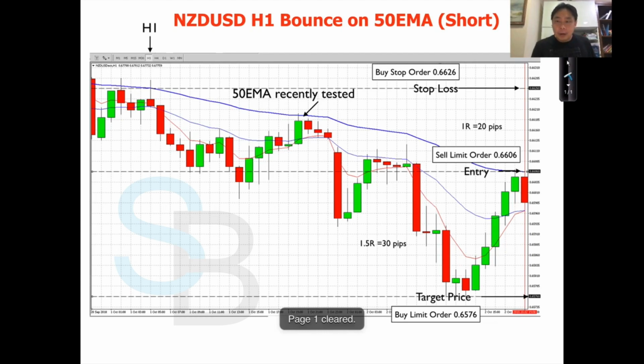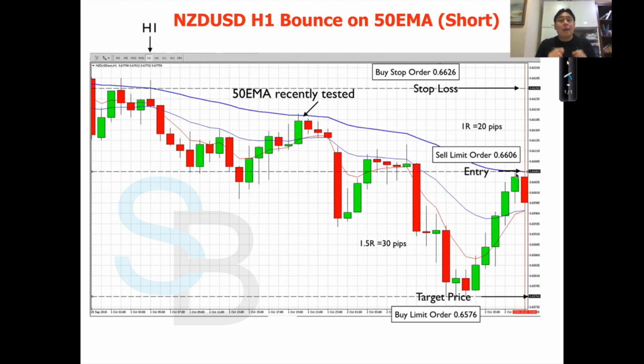Okay, so in this case, again, what do I do? I think it's going to hit the 50 and bounce, so I've got my sell limit order ready at 6606. Sell limit order means if the price reaches 6606 or higher, I get filled. That's a more aggressive way, because sometimes the price can hit your order and hit your stop loss immediately.